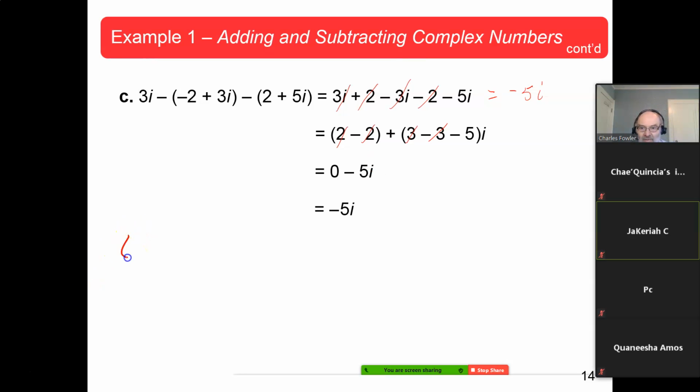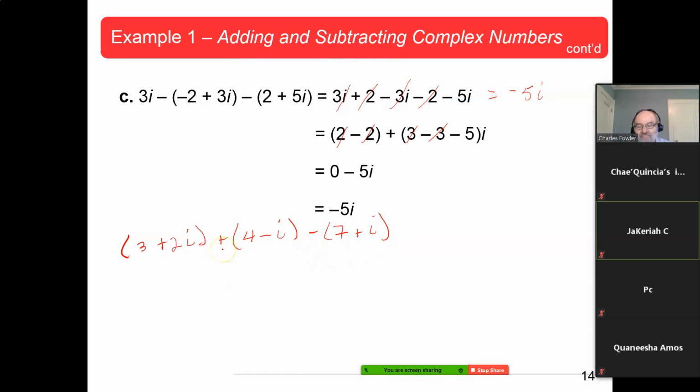The D part here says 3 plus 2i plus 4 minus i minus 7 plus i. Okay?